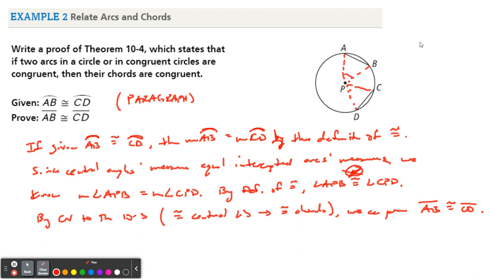But we were given that these arcs were congruent, so then we were able to prove the central angles were congruent. So then, because of theorem 10.3, the converse, we were able to prove the chords congruent. Okay, I'm going to stop there and make the next video.